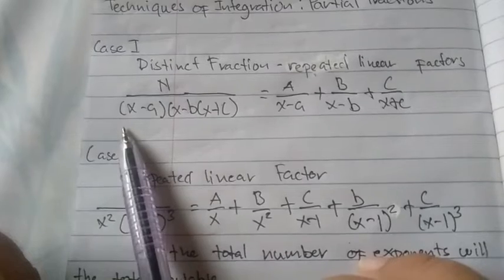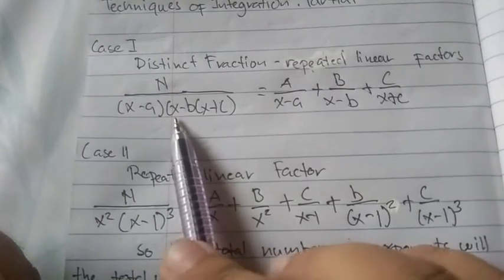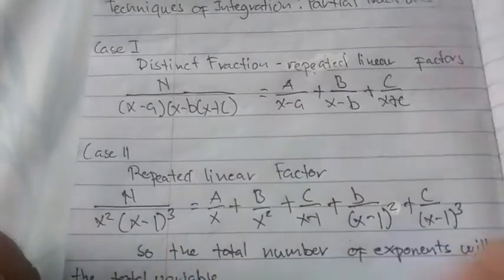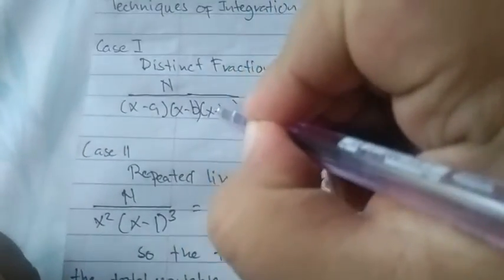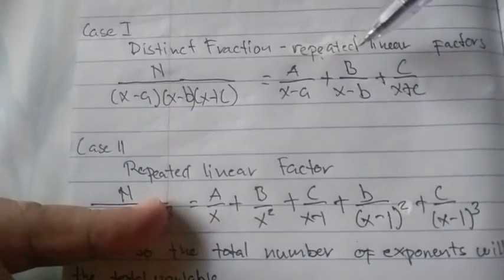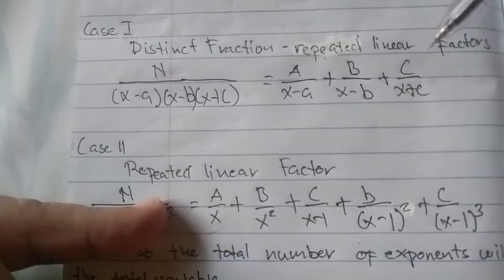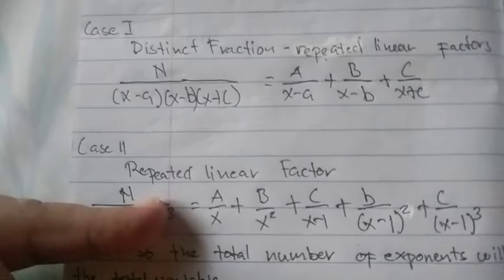This will be n over (x minus a)(x minus b)(x plus c) equals a over x minus a plus b over x minus b plus c over x plus c.